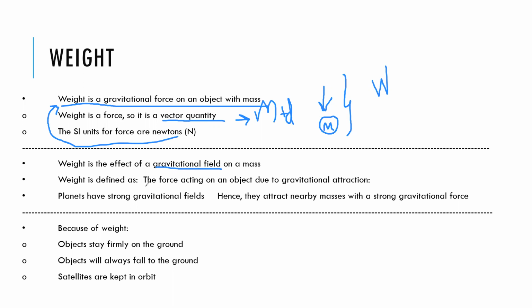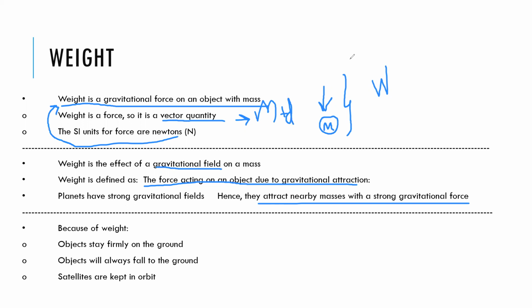So weight is defined as the force acting on an object due to gravitational attraction. Planets have a strong gravitational field. Why? That is because they have a higher mass. They attract nearby masses with strong gravitational forces, as the planets themselves have a lot of mass. So even a little bit of gravitational force acting on an object can have huge effects.